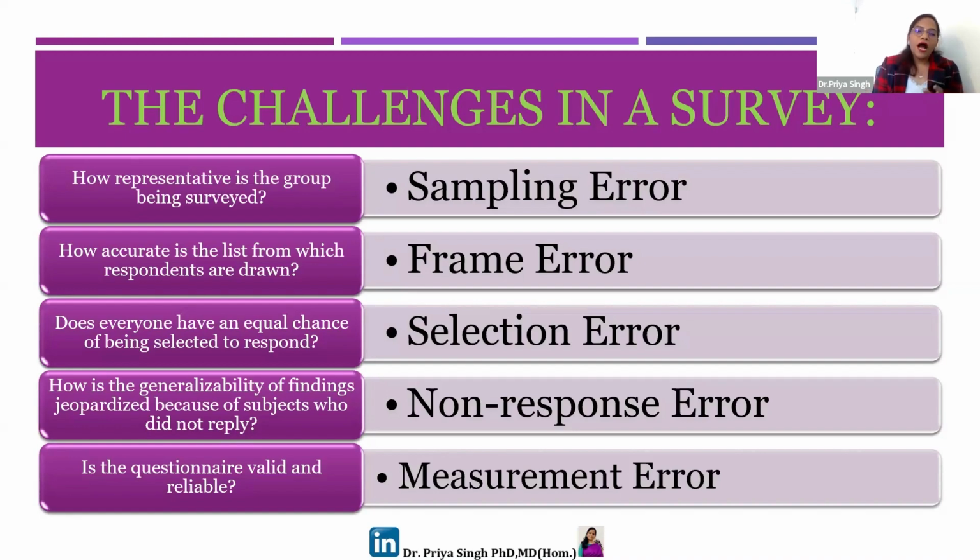Maybe you can ask about wait time, cleanliness, staff behavior. If you don't ask about these aspects, you might get vague responses that don't actually measure patient satisfaction. And to avoid measurement error, we have to make sure that the questions which we are using are specific and clearly defined. And that is why we are here today.